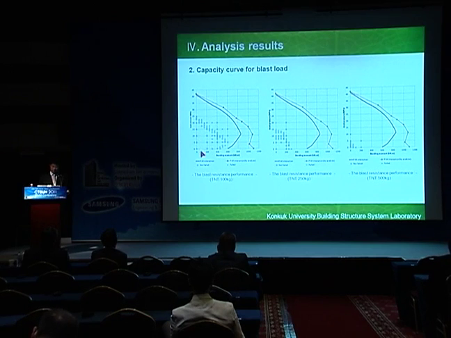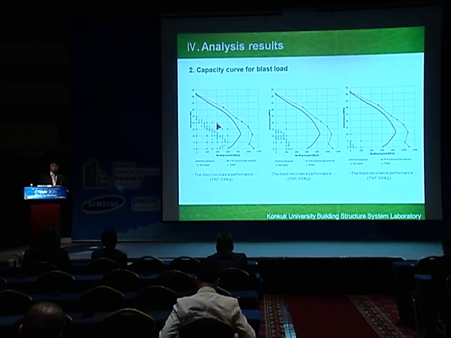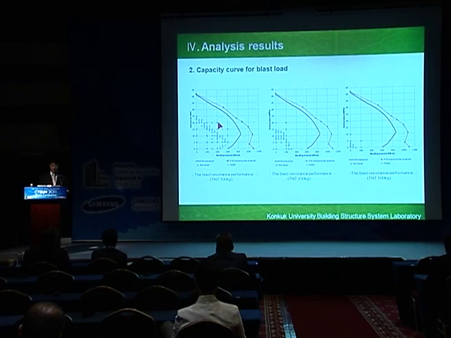For example, at 10 megapascal and 200 kilonewton meter, the initial condition is 10 and 200. Then if you apply the 100 kilogram TNT, it does not fail. It survived. But for this case, for example, a column subjected to 220 megapascal and 400 kilonewton meter, when we apply the 100 TNT, then it failed.